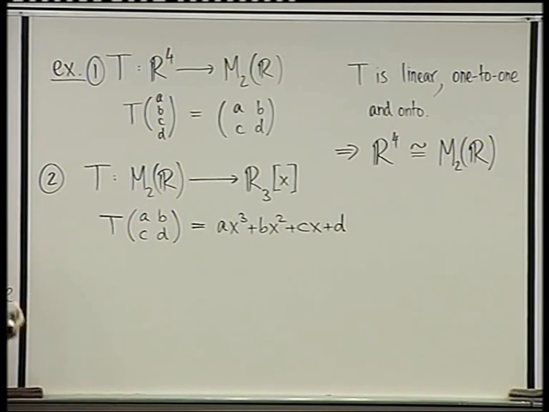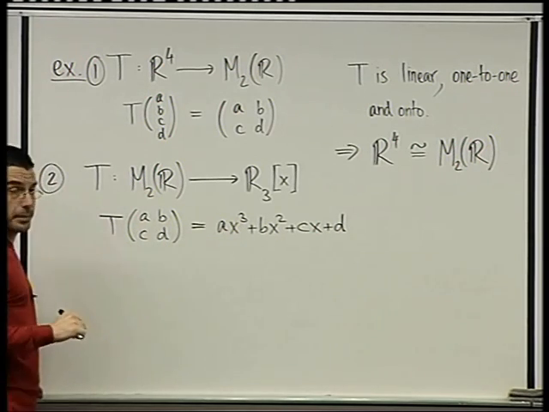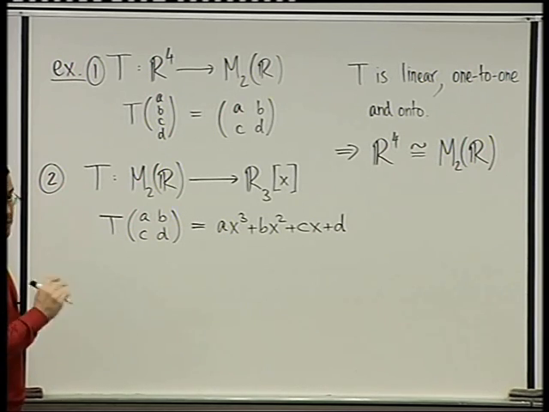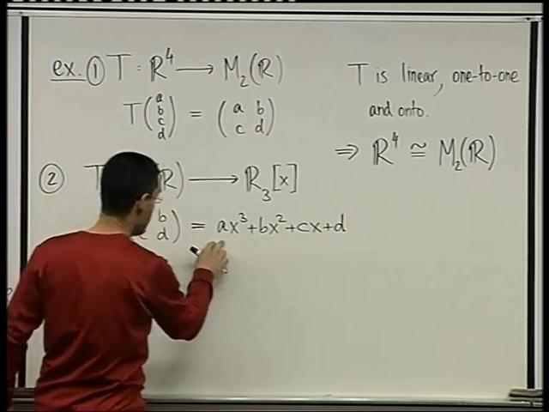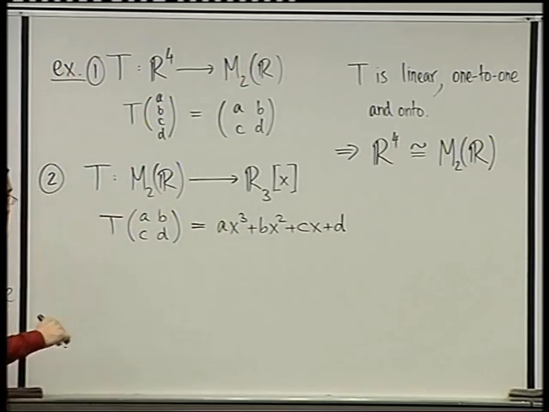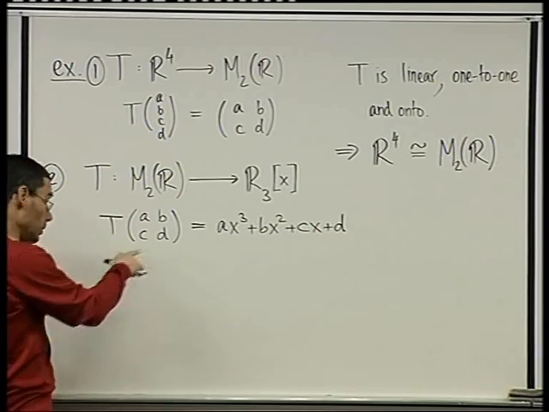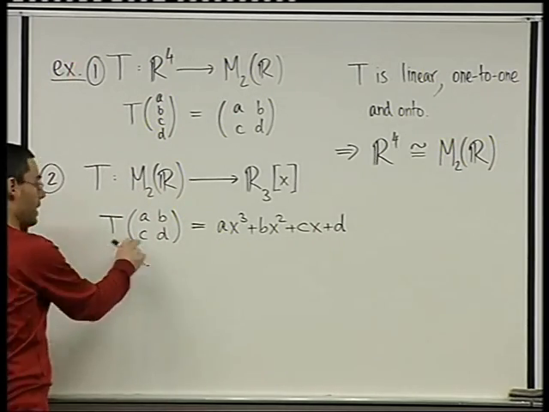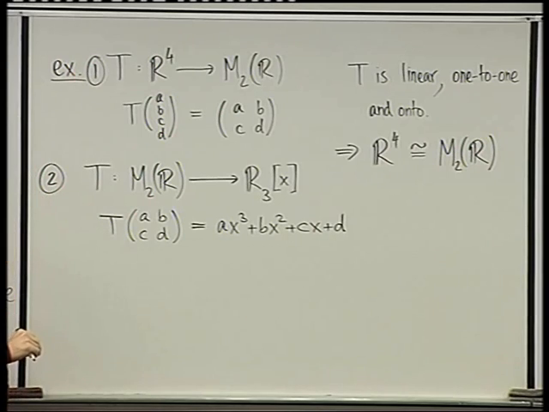Once again, very easy to verify that this map is a linear map, a linear transformation, and that it's one-to-one and onto for the exact same reasons that we mentioned previously. Any polynomial here can be obtained, just take the coefficients and put them in a matrix. And the only way to get the 0 polynomial is if you start out with the 0 matrix. Okay?